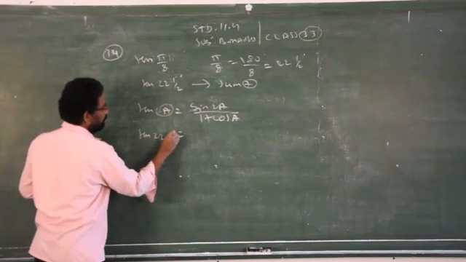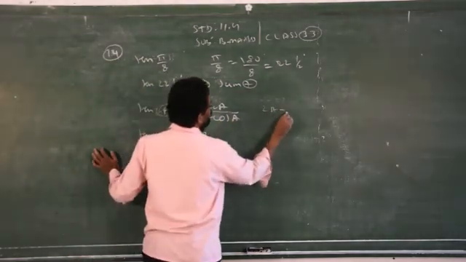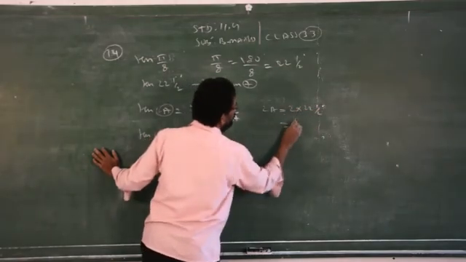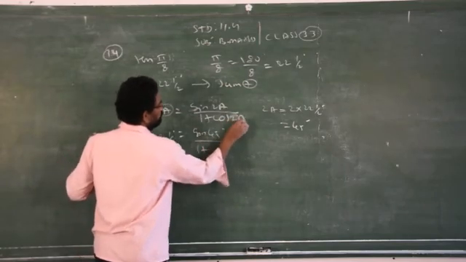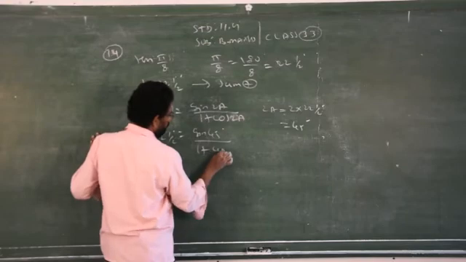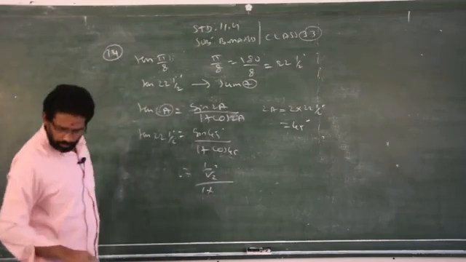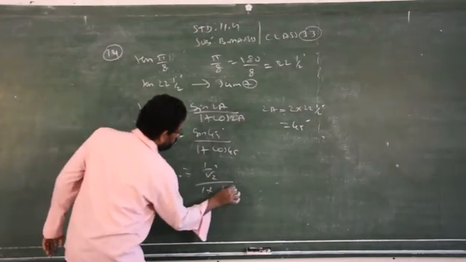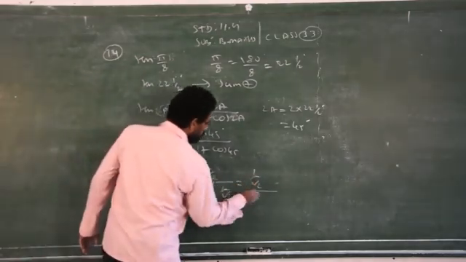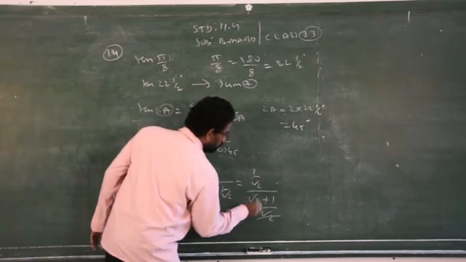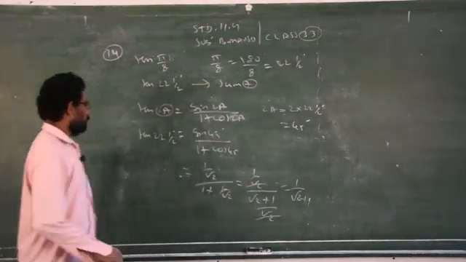Tan 22 1 by 2 degree is equal to sin 2a, that is 2 into 22 1 by 2 degree, which becomes 45 degree, by 1 plus cos 45. So you know sin 45 is 1 by root 2, by 1 plus 1 by root 2. So simplify, you will get 1 by root 2 by root 2 plus 1 by root 2, root 2 cancels, you will get 1 by square root of 2 plus 1.